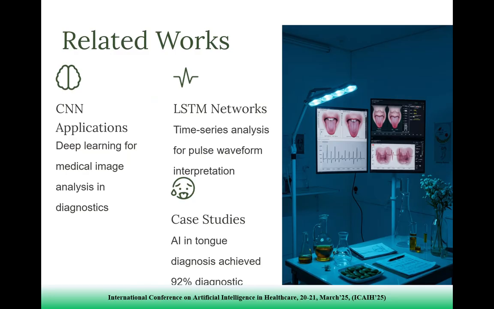CNN, a convolutional network with deep learning, is used for medical image analysis in diagnostics. And LSTM networks are used for time series analysis, for pulse waveform interpretation.